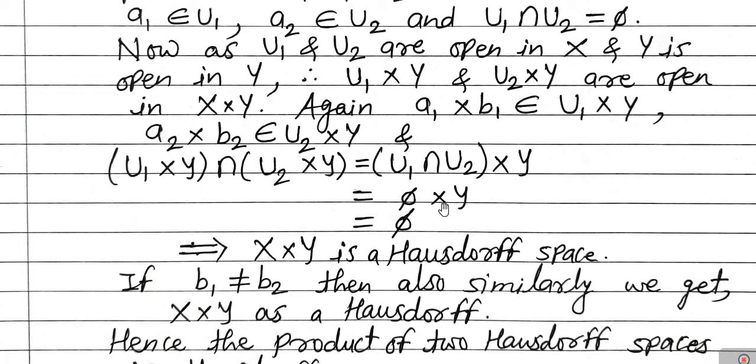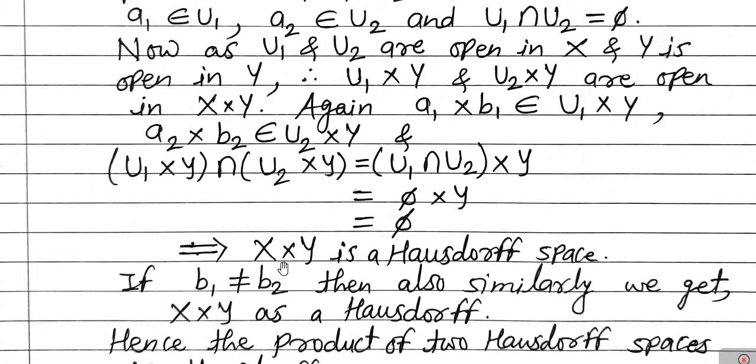So what we have shown is that for any two distinct points A1 cross B1 and A2 cross B2 from the product space X cross Y, we have obtained two neighborhoods U1 cross Y and U2 cross Y of the points A1 cross B1 and A2 cross B2 such that their intersection is empty.